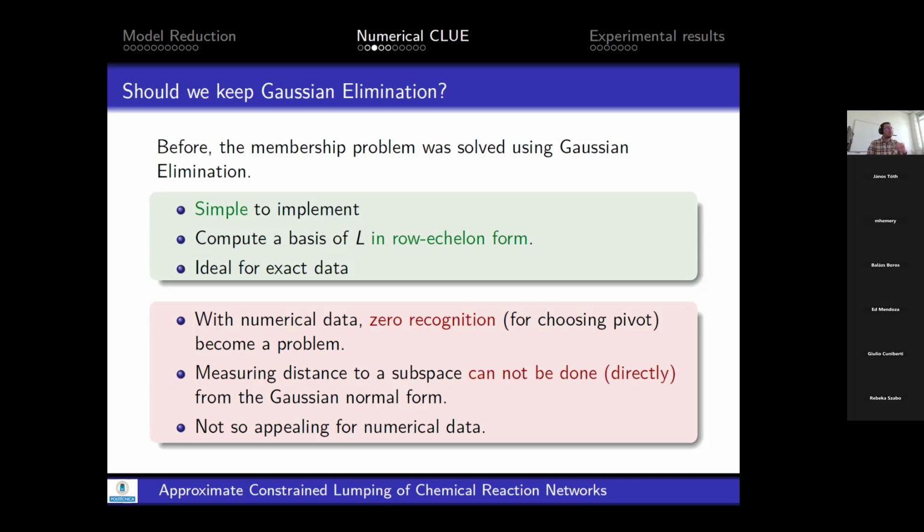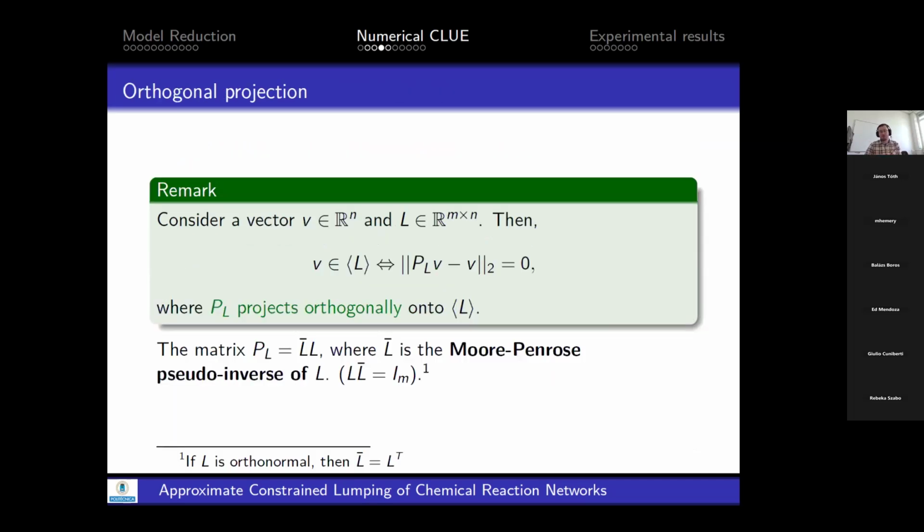So coming back here, Gaussian elimination, not a good idea. So what can we do? We use orthogonal projections. This is the natural thing to do when you want to measure distance, because you can check if something is in the space by just checking if the orthogonal projection is the vector or not. So you have a vector, you project it down to your space orthogonally, and if the vector does not change, then the vector was already in the space.